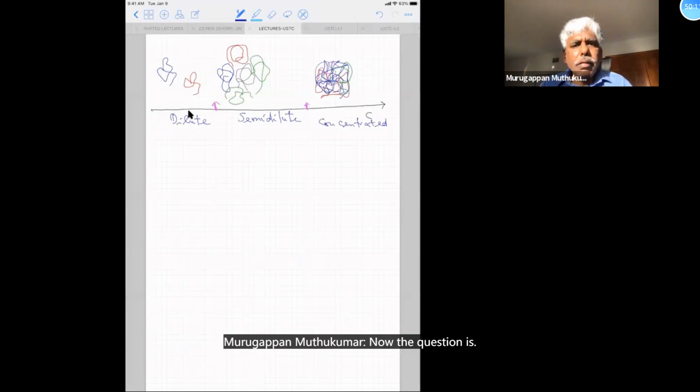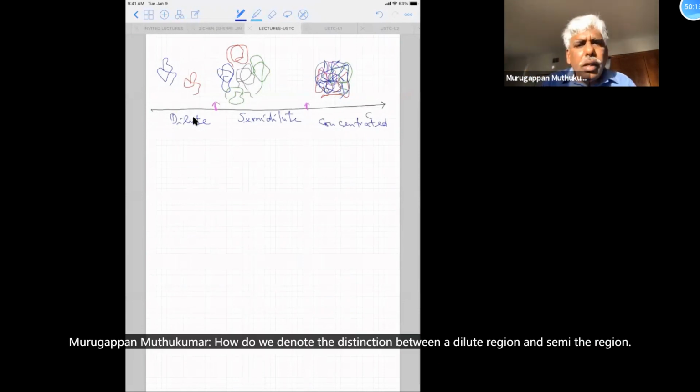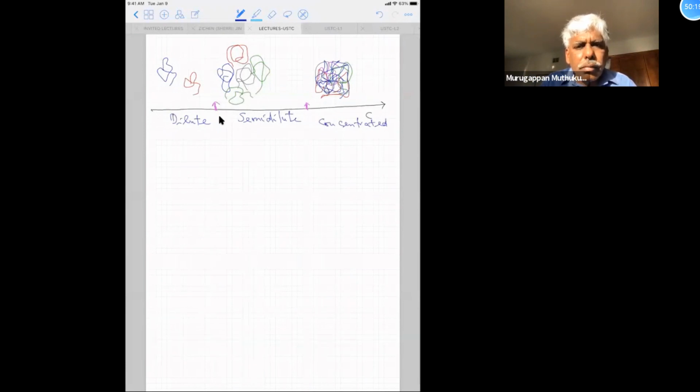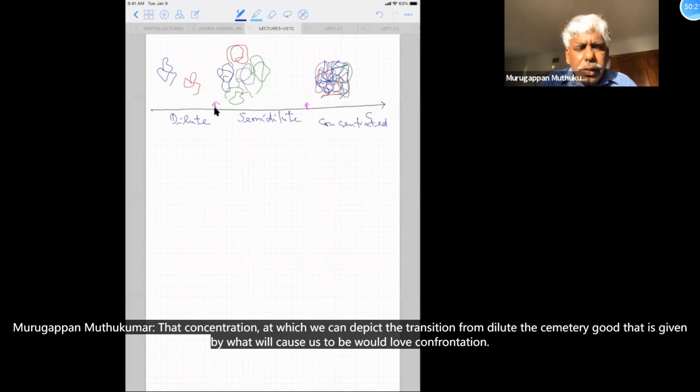Now the question is, how do we denote the distinction between a dilute region and semi-dilute region? The concentration at which we can depict a transition from dilute to semi-dilute is what we'll call the overlap concentration.